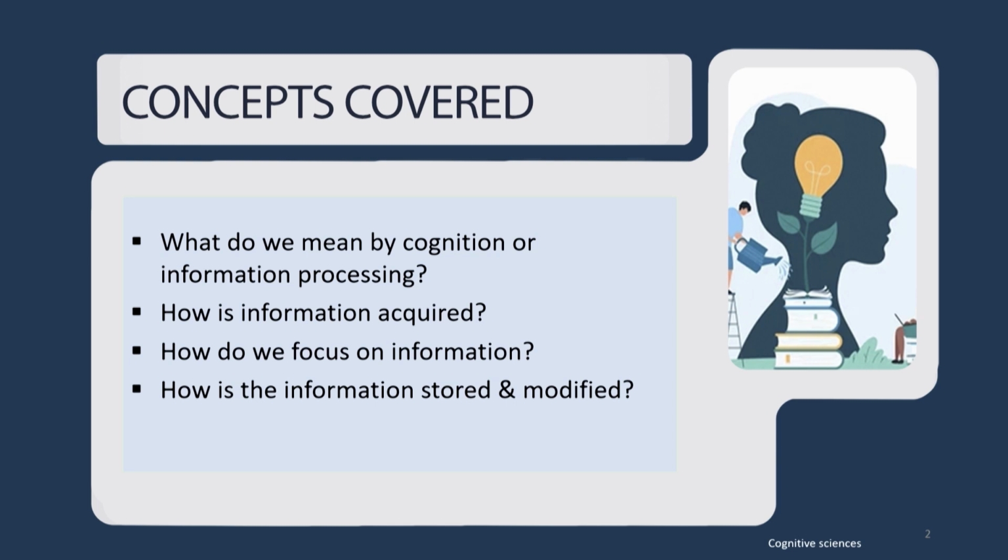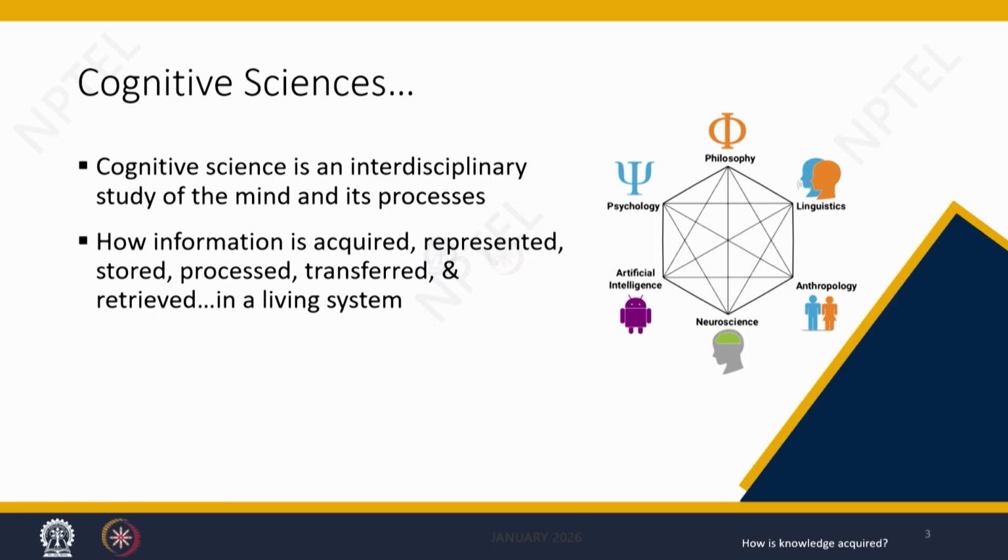And then finally, I will tell you how the information is stored and modified, because if we fail to store this information into our system, then we have to learn every time. Therefore, it is very important for all of us to understand how they are stored and modified. So, these four concepts we will be covering one at a time. First, I will tell you what is cognitive science.